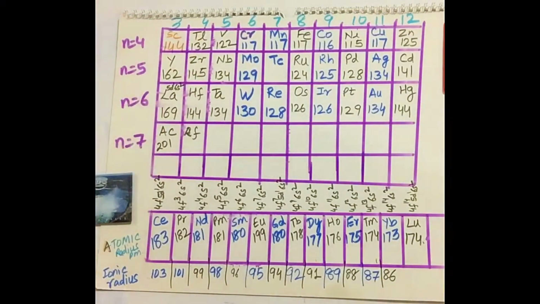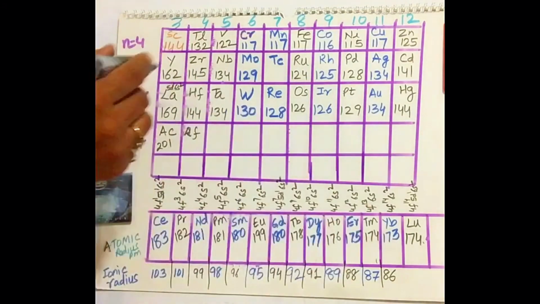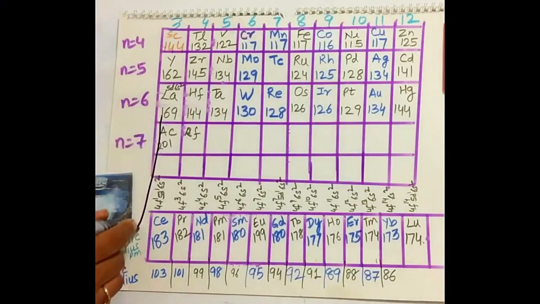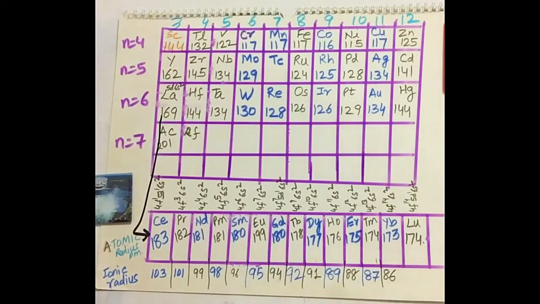Now from this lanthanum, we've got elements with atomic number 58 to 71 listed over here, and these are put separately at the bottom, what we call the F block elements. And as I said earlier, I have listed only the lanthanides. Let us observe what is the change in their atomic radius.